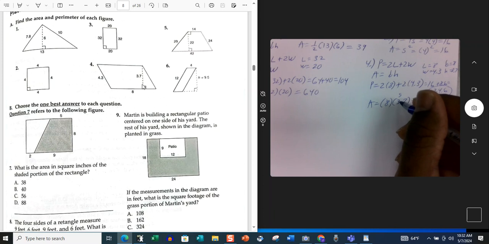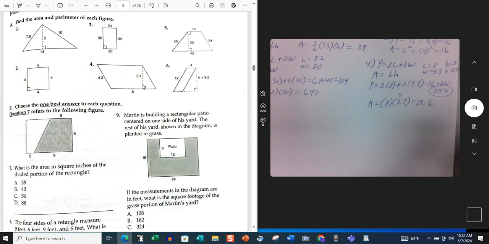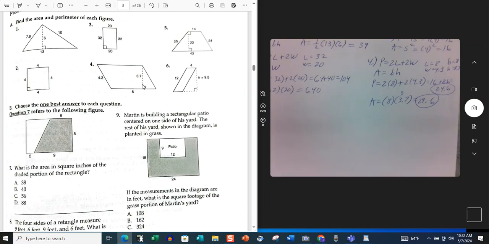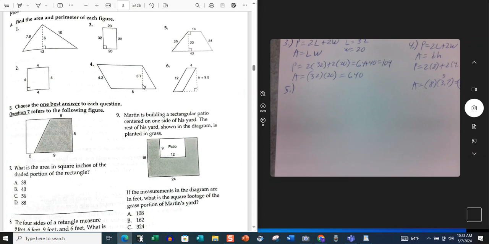Carry our 5. 8 times 3 is 24. Plus 5 is 29. So it'd be 29.6. That would be your area. So that took care of problem number 4. We're going to go to problem number 5 now.